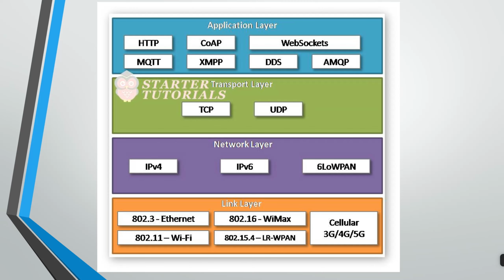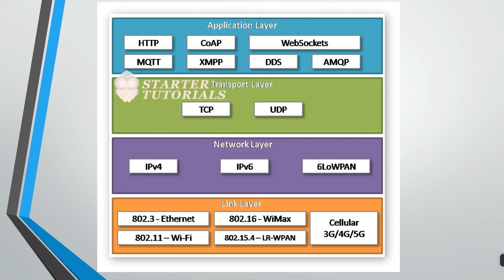So basically, this particular diagram shows the four protocol layers which are used for IoT based communication. The one which is working at the application layer is your HTTP, COAP, WebSockets, MQTT, XMPP, DDS, AMQP.